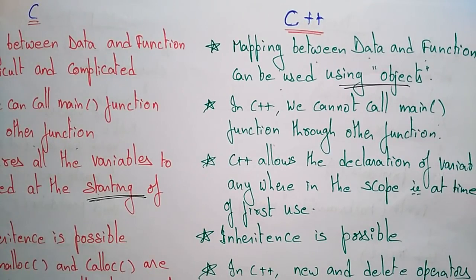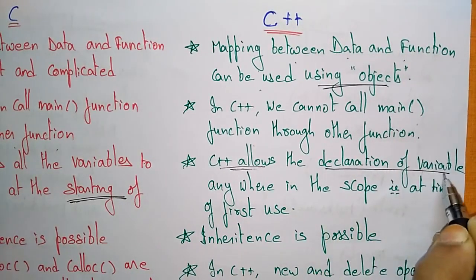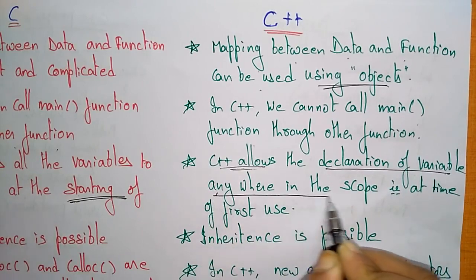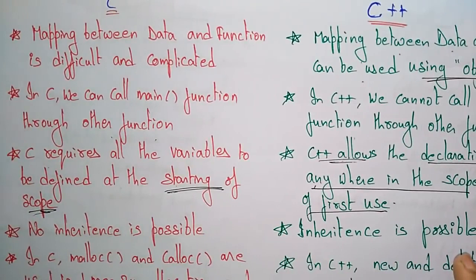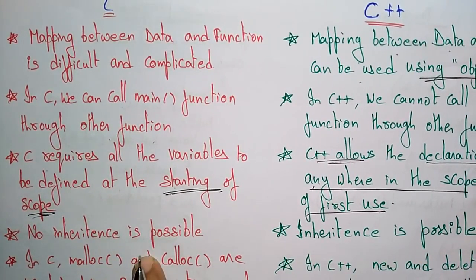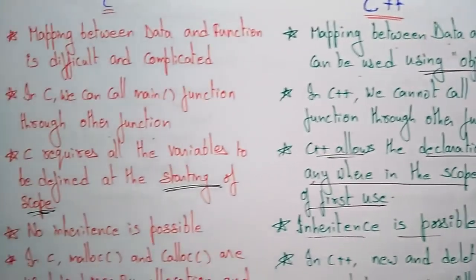C++ allows declaration of variables anywhere in the scope. Next, in C no inheritance is possible, whereas in C++ inheritance is possible.